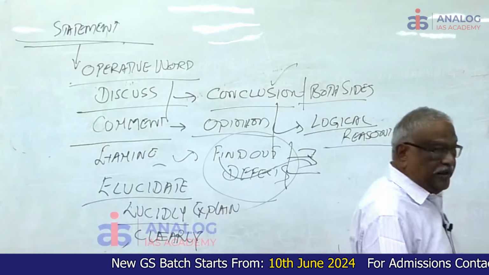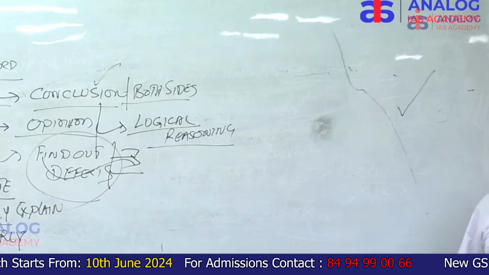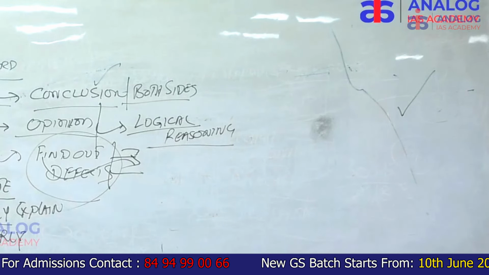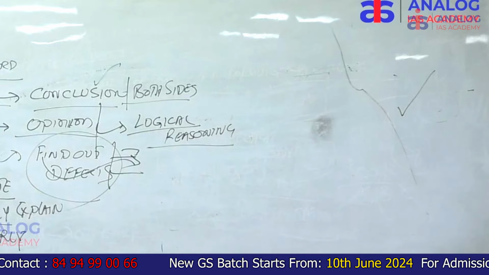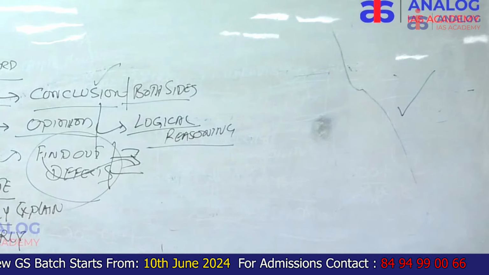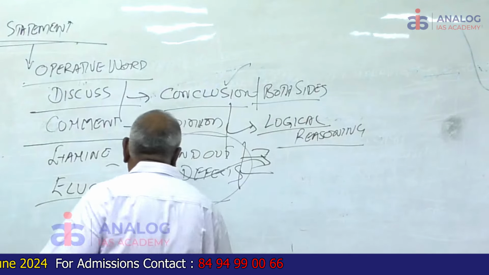Elucidate, lucidly explain, very clearly explain. That means in that particular statement, there is something hidden, not expressed. You'll have to read the statement more than once to find out what the hidden aspect is in that particular question, and then elaborate that hidden aspect, not what is obviously seen.